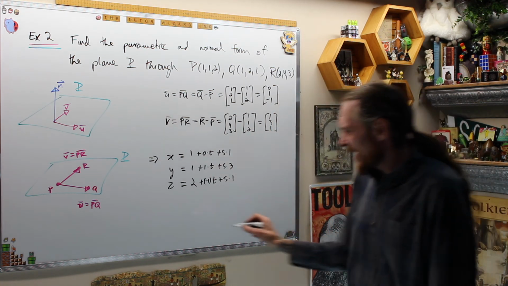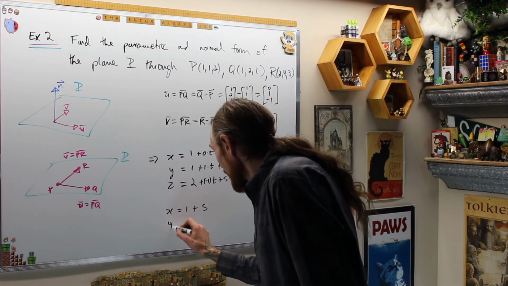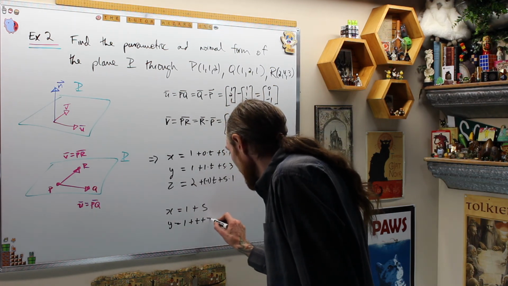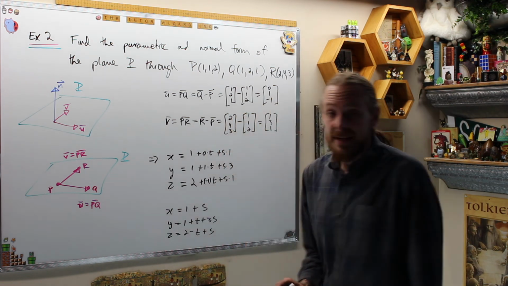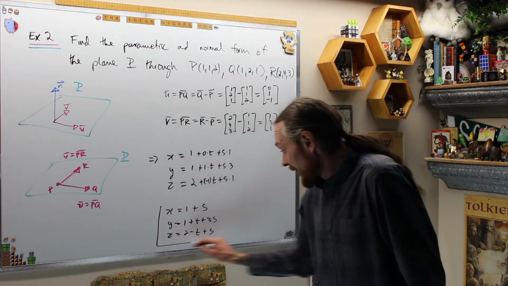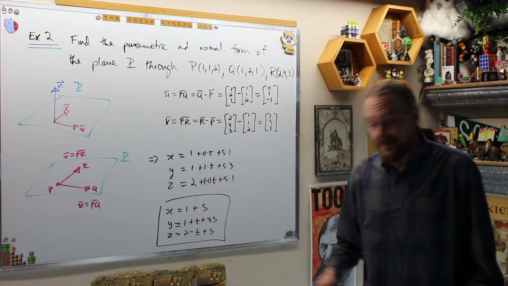And normally we clean that up a little bit, and I'll write this as x equals 1 plus s, y equals 1 plus t plus 3s, and z is 2 minus t plus s. This is the parametric form of the plane, parameterized with t and s.